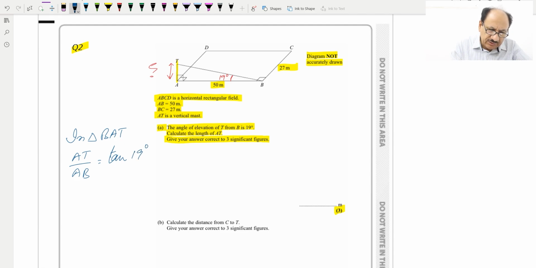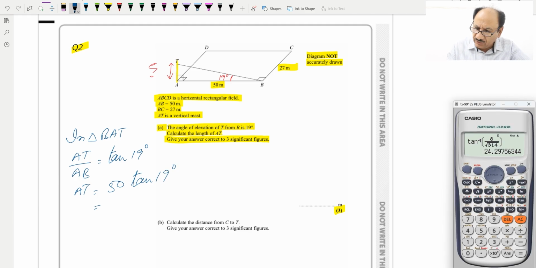AT is equal to AB, which is 50. So 50 tan of 19 degrees. Your calculator should be in degree mode.